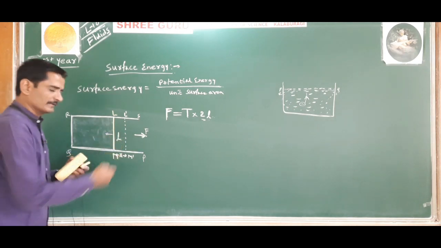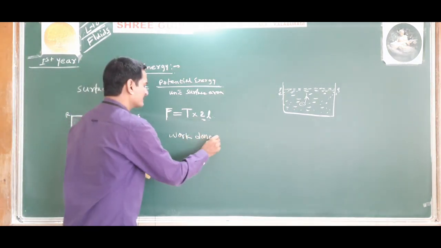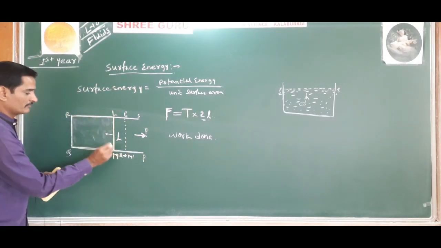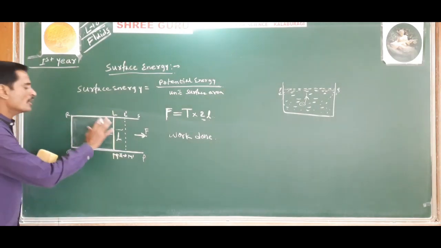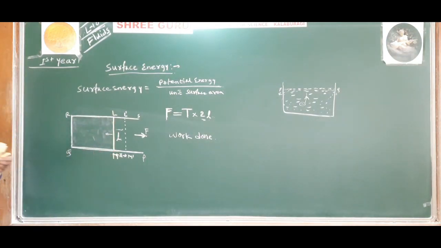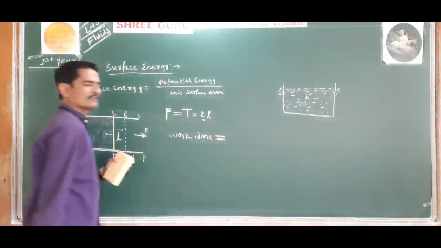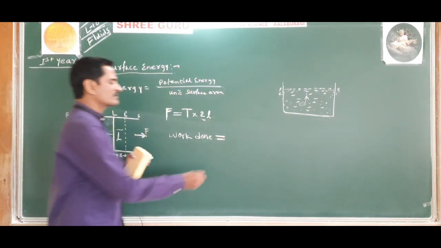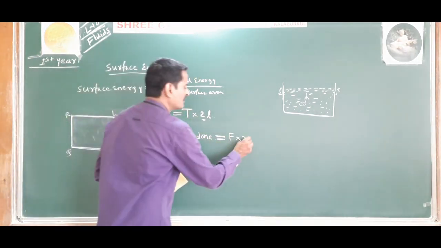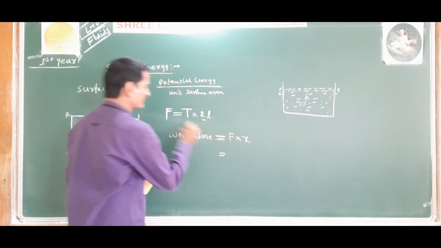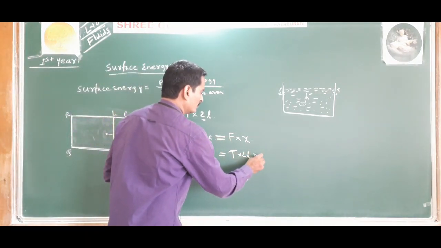Then the work done in increasing the surface area, that is moving the side LM to the new position L dash M dash, is nothing but increasing the surface area of the film. So the work done is equal to force into the distance moved. The distance moved is x, so work done is T into 2L into x.